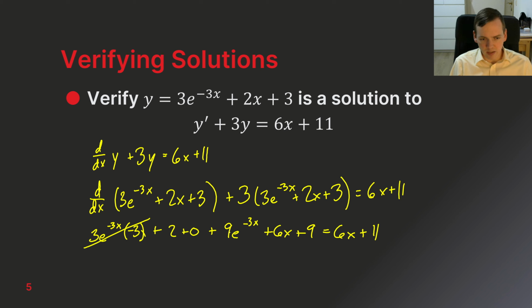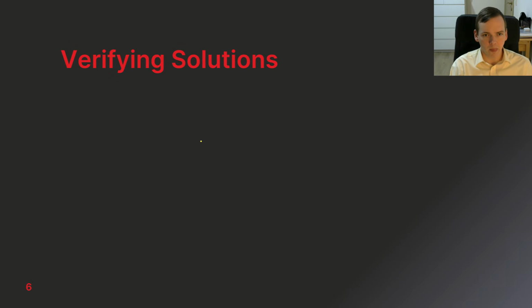This is going to be negative 9e to the negative 3x, which cancels with this term. I've got 0, so I've got 6x plus 11 equals 6x plus 11. This is a true statement, so this is a solution to the differential equation below, because we plugged it in and we got true statements.